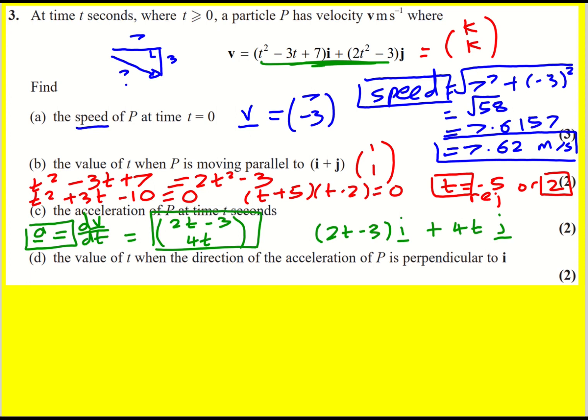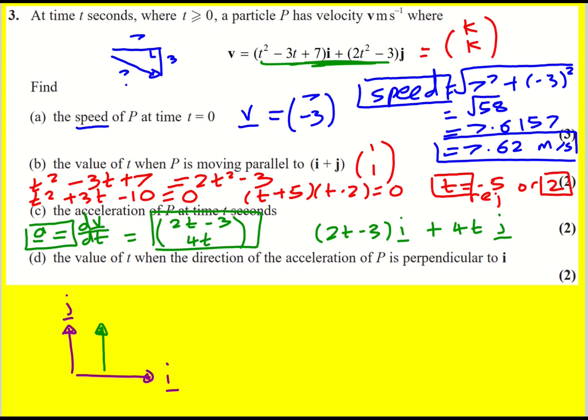And then the value of t when the direction of the acceleration is perpendicular to i. So we've got i going in this direction, and j, I mean, it might not be, but they're going to be perpendicular. That's the main thing. So if it's perpendicular to i, it means it's in the direction of j.